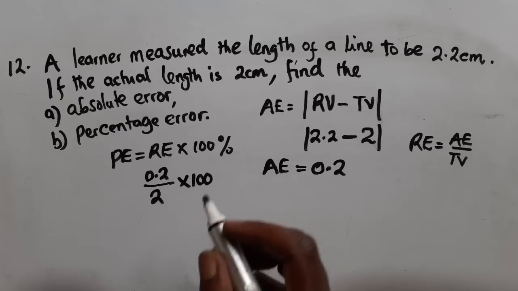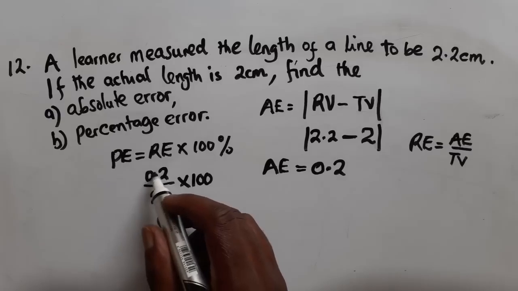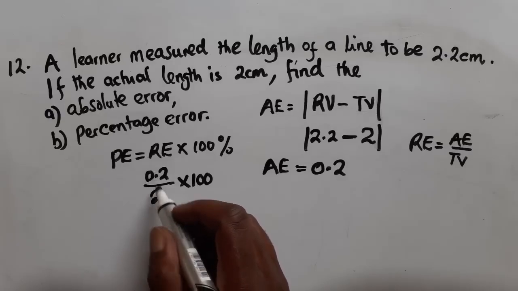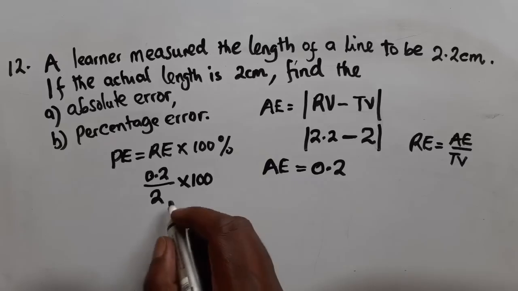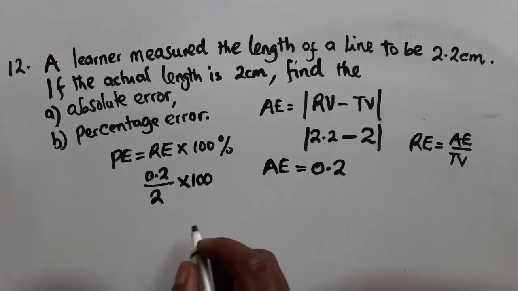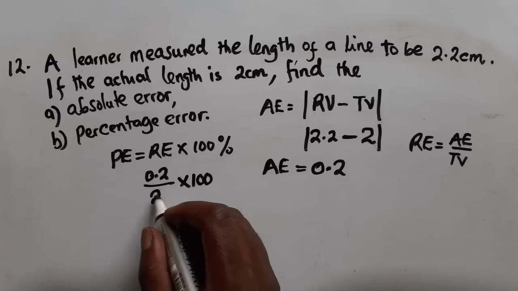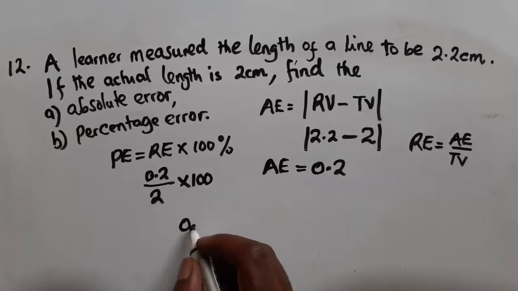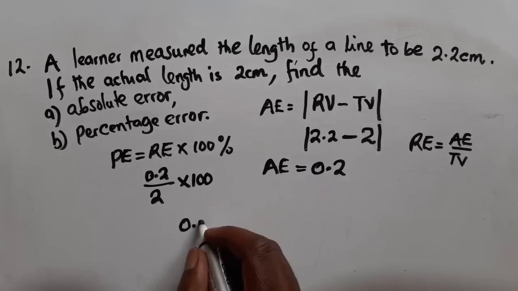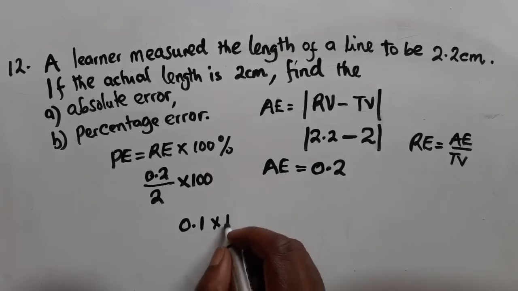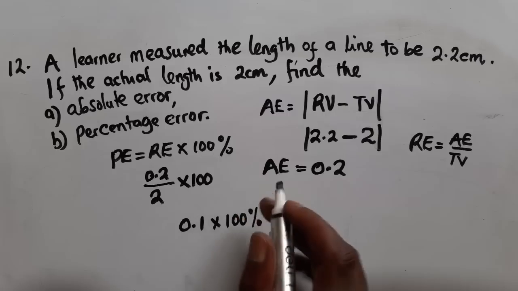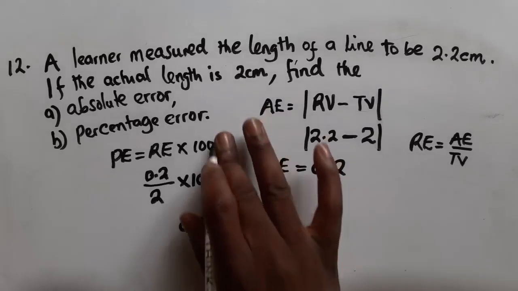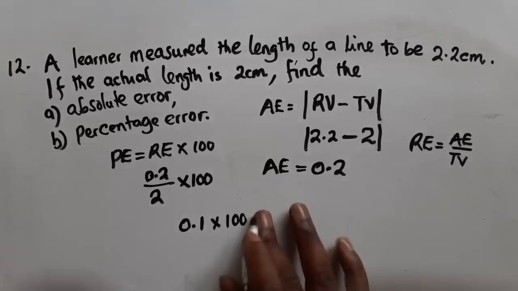So what are we going to get? If you want, we can divide this one here. 2 into 0 gives 0. 2 into 1. 2 into 2 gives us 1. Multiplied by 100%. You multiply by 100.